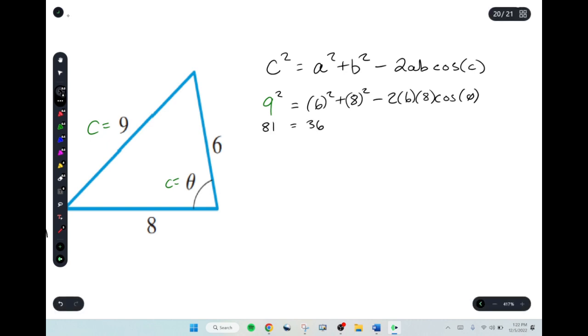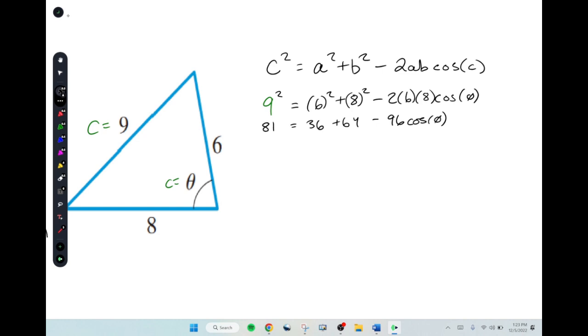81, 36, 64. 48 times 2 is above my pay grade. 96. Is that true? 12 times 8 is 96? Times table people. So 81 minus 36 minus... wait, that's a negative number.